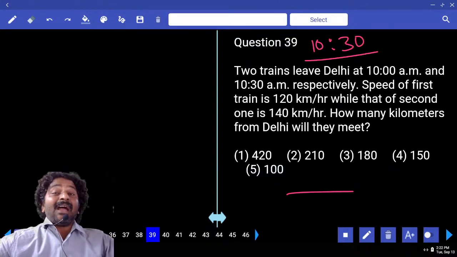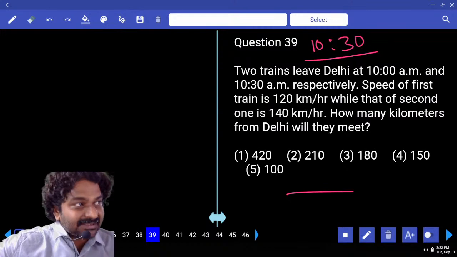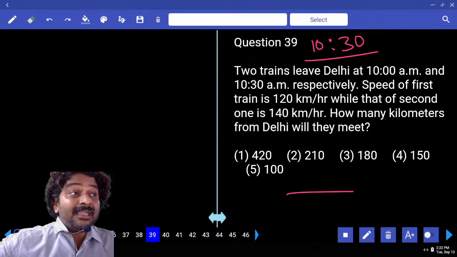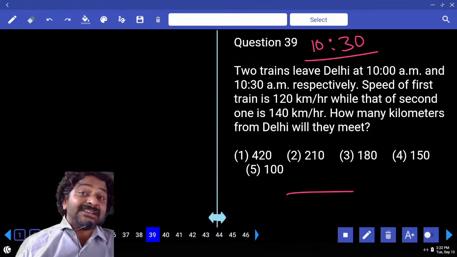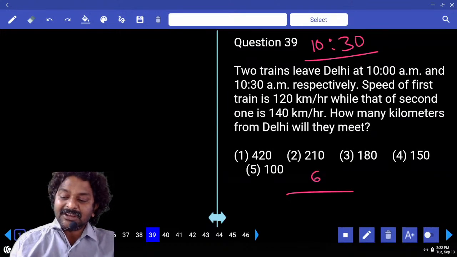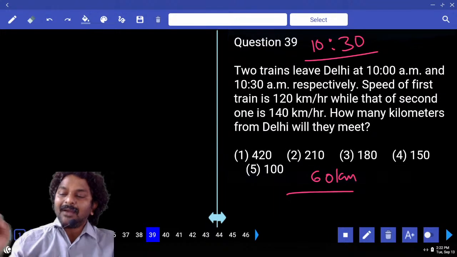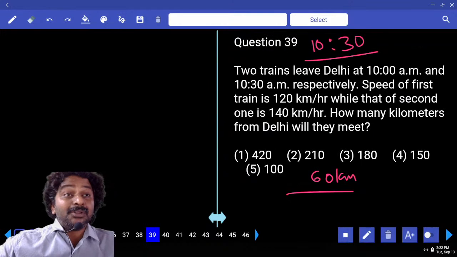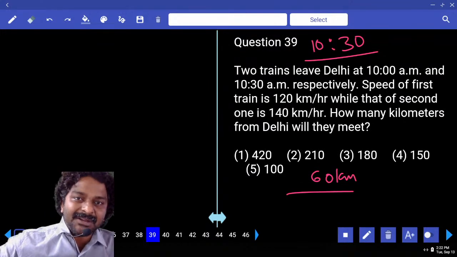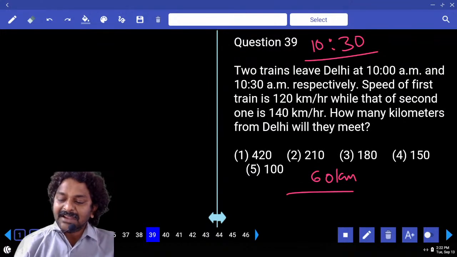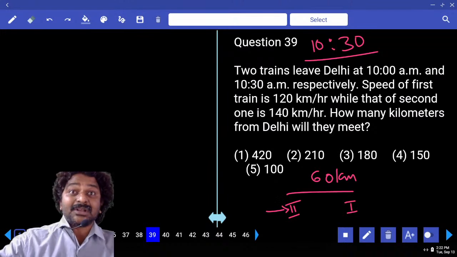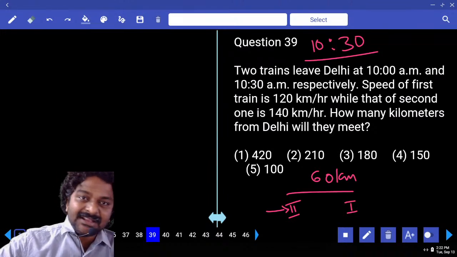That means for the last half an hour, it was in journey only with a speed. In half an hour, how many kilometers can it cover? 60 kilometers. Yes? Now, at 10:30, distance between both the trains is 60 kilometers. Correct? If second train wants to catch the first train, how many more kilometers does it have to cover? 60. Correct.